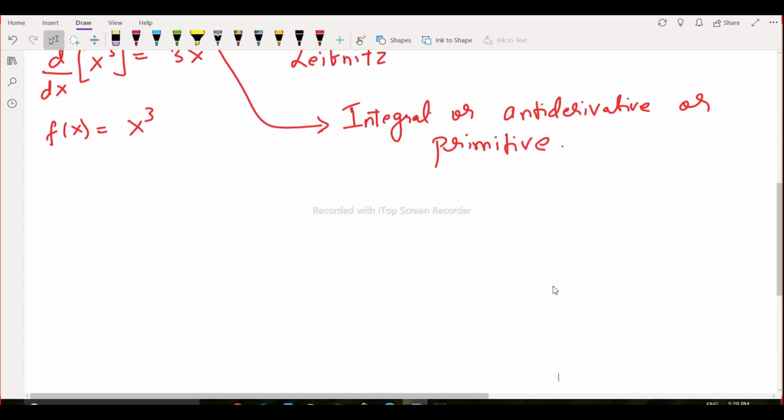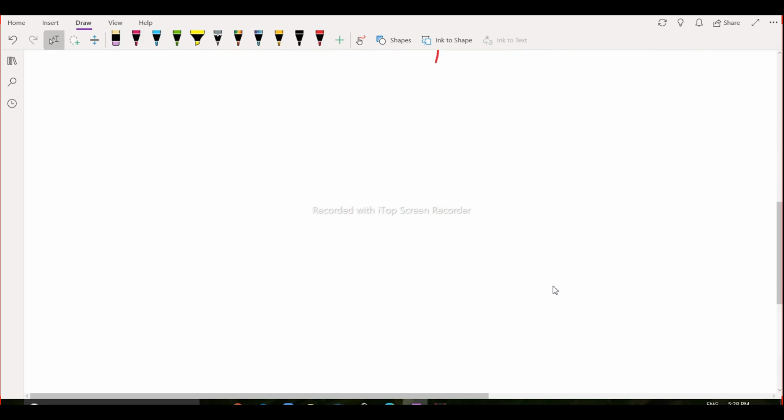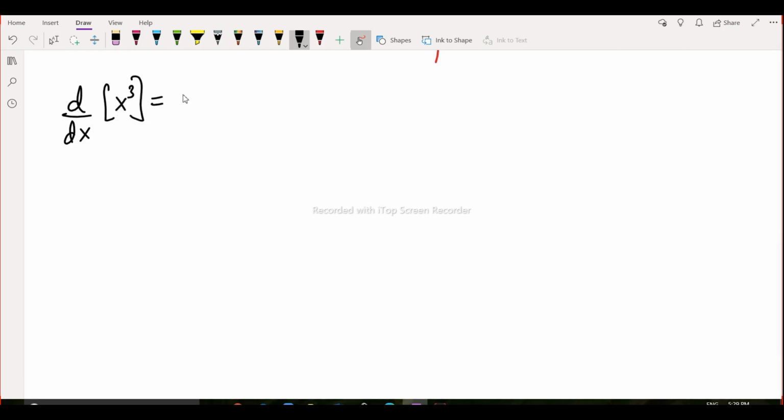Now the fun part in integration is that we know that the derivative of x cube is 3x square, but we also know that the derivative of x cube plus 5 is also 3x square.